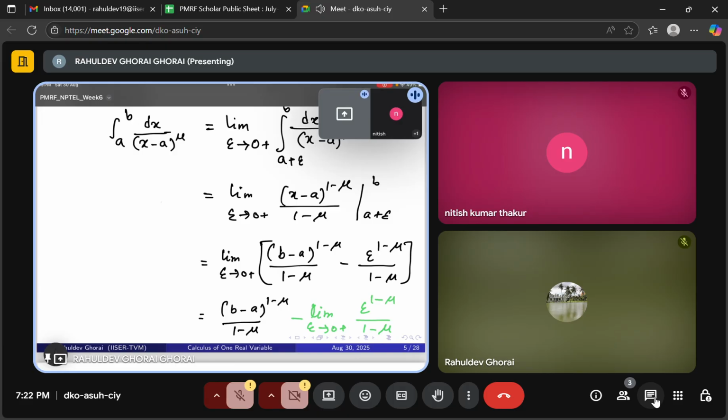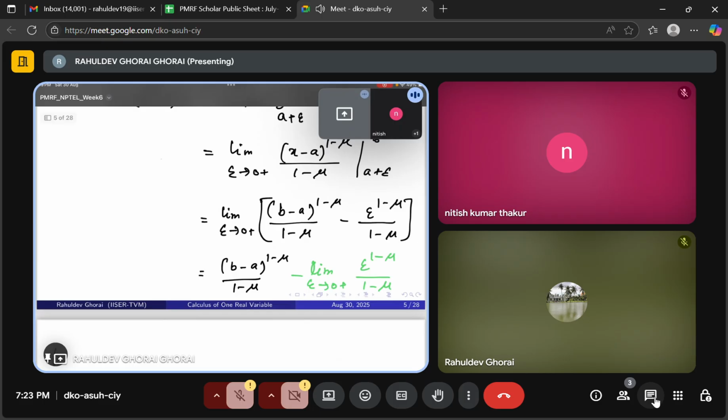When epsilon tends to 0 plus, mu is a fixed number which is strictly greater than 0. It is not converging to 0 either. So when epsilon tends to 0 plus, depending on the mu value, it will be convergent or divergent. If 1 minus mu is greater than 0, then it will always converge to 0.